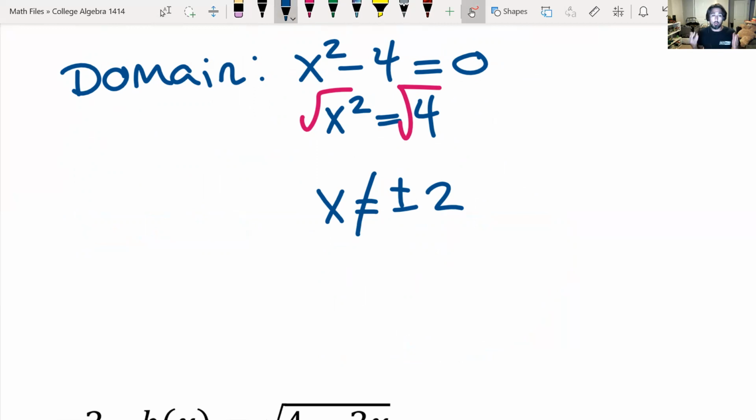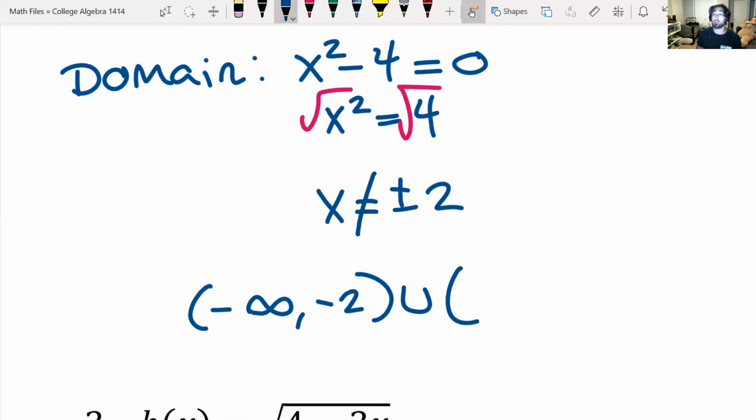So what our domain above says, our shorthand set notation, is that x can be any number we want except for -2 and +2. To represent that in interval notation, we will start at -infinity, come up the number line and stop at -2.